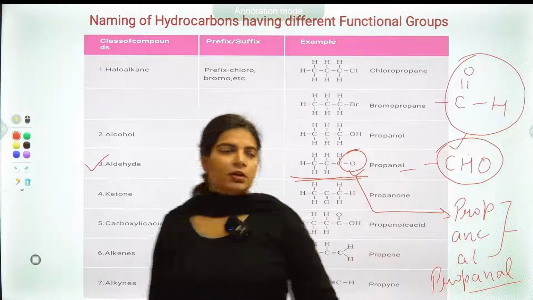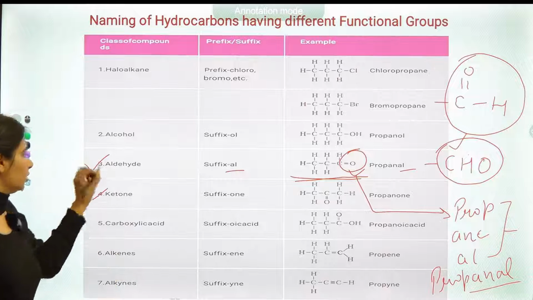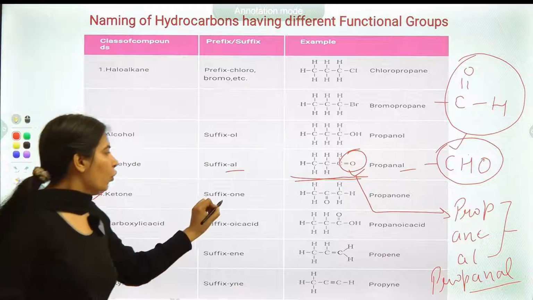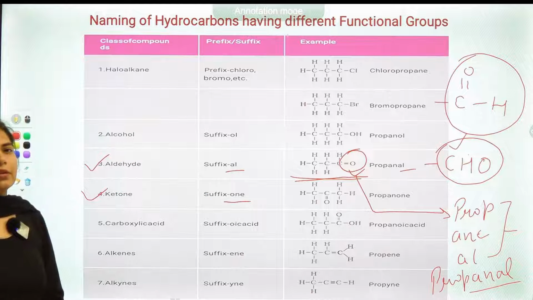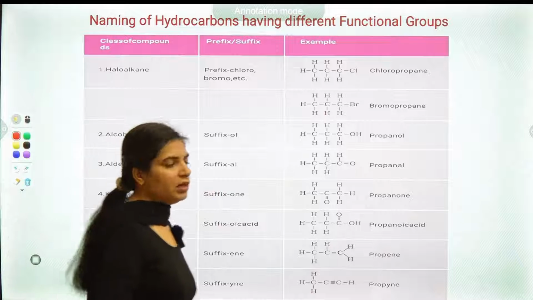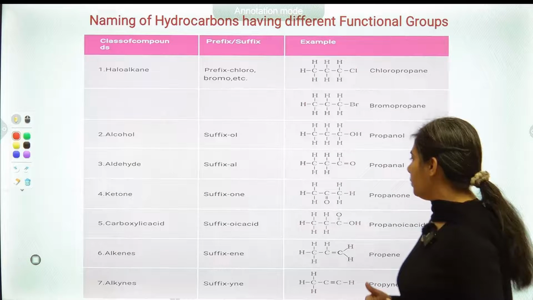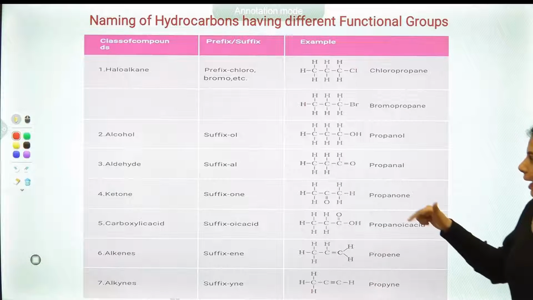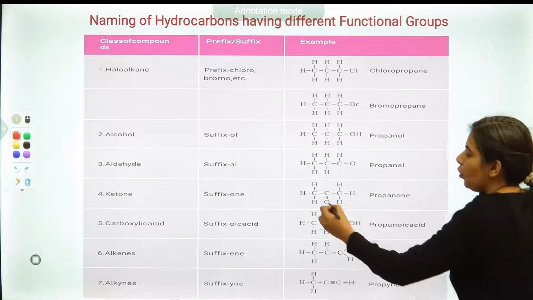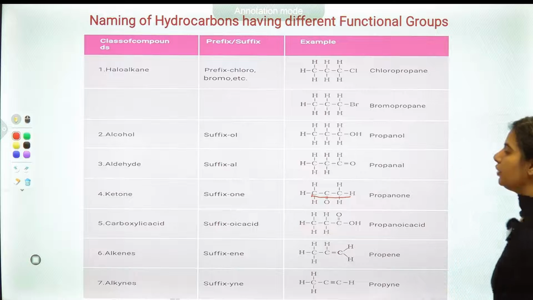Now let's start with another example, that is of ketone. In case of ketone, we are going to use the suffix that is -one. And if I talk about the example here, same, firstly we have to mention the number of carbons. In case of ketones, we are having here 3 carbons.